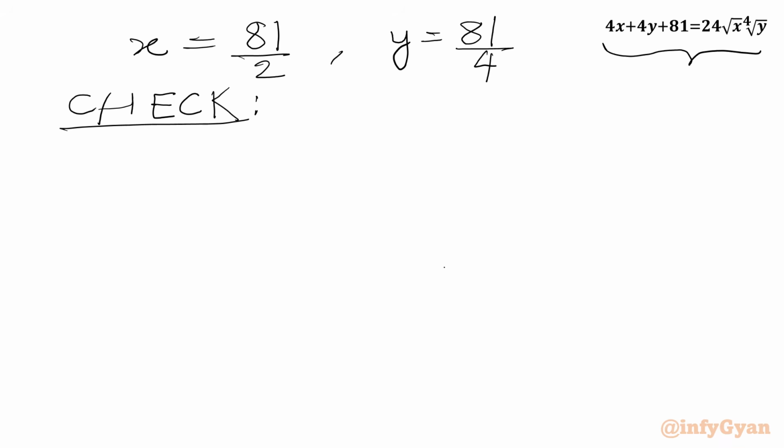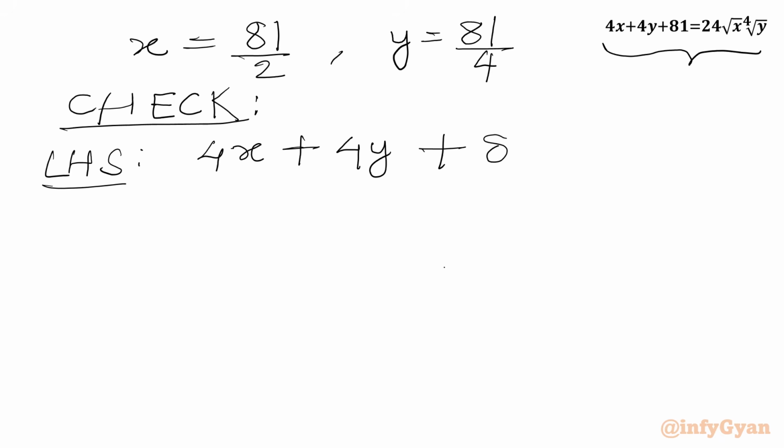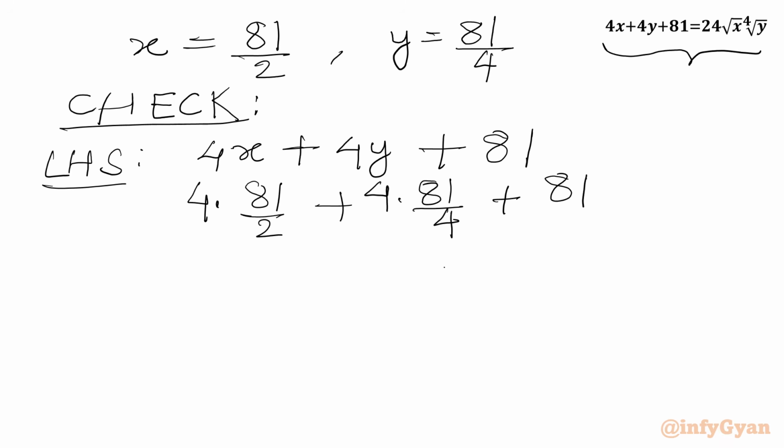So I will write here LHS, which is equal to 4x plus 4y plus 81. Now we will put the values. X is 81 over 2. Y is 81 over 4. Then we have plus 81 in the LHS.